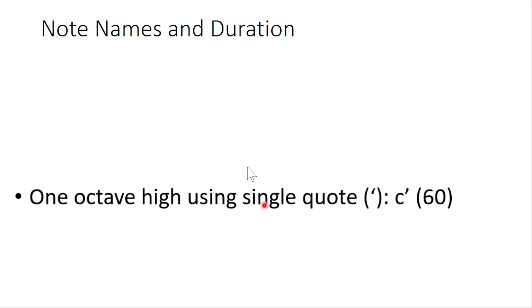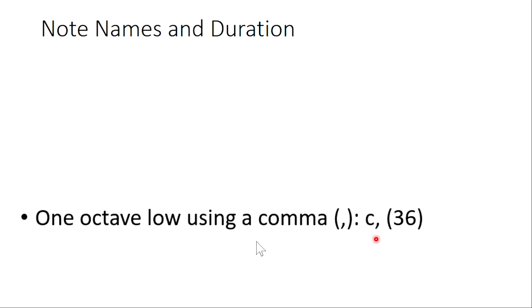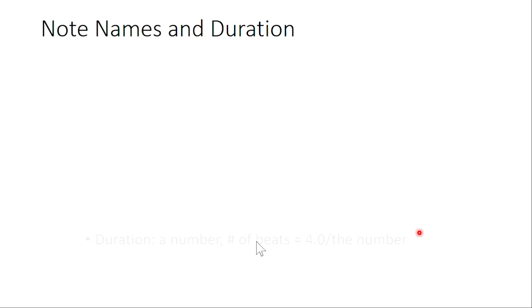One octave high uses a single quote, for example, C tick represents 60. One octave low uses a comma, so for example, C comma represents pitch 36.